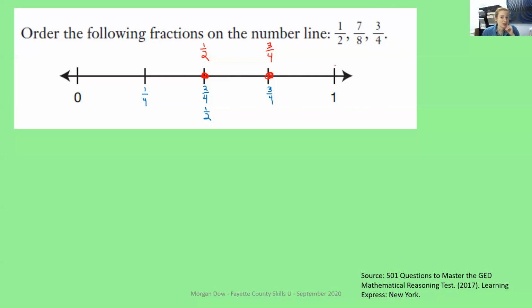One way that you could figure out where 7/8 belongs is you could look at a tick mark on your number line that is labeled with 3/4, and find a common denominator between 3/4 and 7/8 to help you compare.